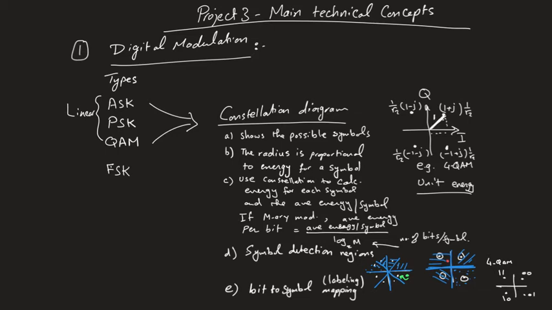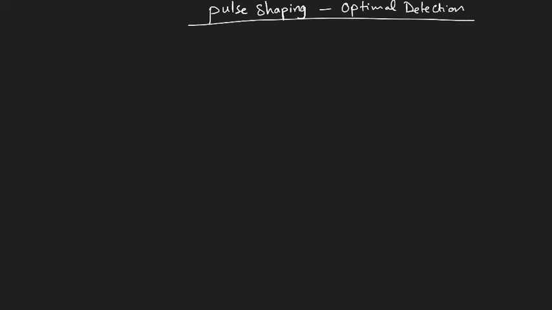Okay, the second topic in this course was the pulse shaping idea. Pulse shaping and optimal detection. These are two tied models or concepts. Okay, now, pulse shaping, what's the idea of pulse shaping? I think all of you know that the whole concept of pulse shaping is that I change.